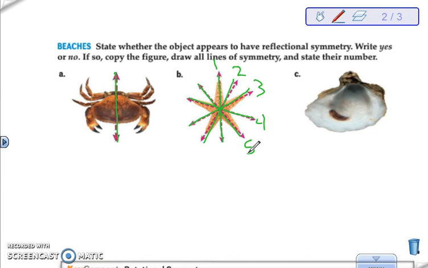Right? Because there's 5 edges of the star, and the line of symmetry not only can go through one of the edges of the star, but also the corner where the two little legs of the star meet. Of course, the oyster has no lines of symmetry because there's no way to cut this thing to where it's going to fold over properly.